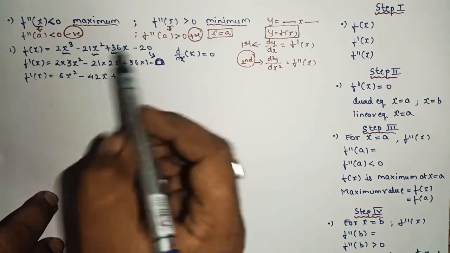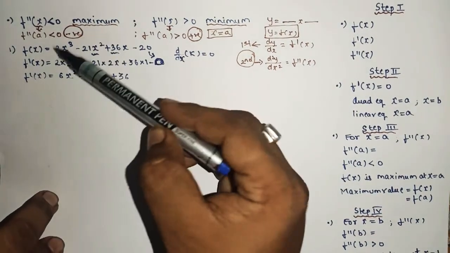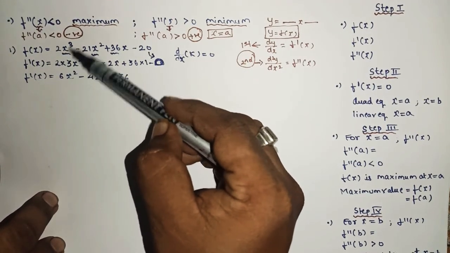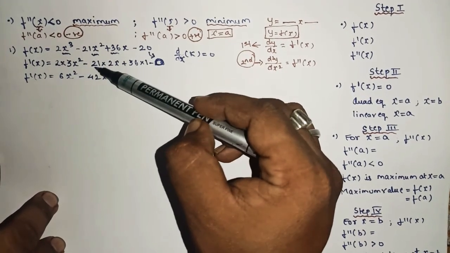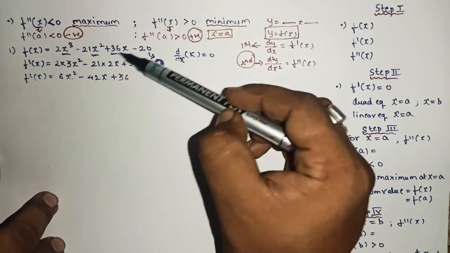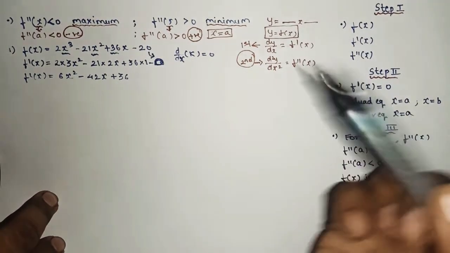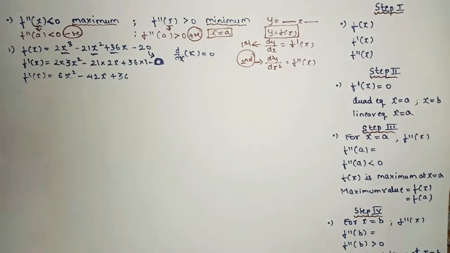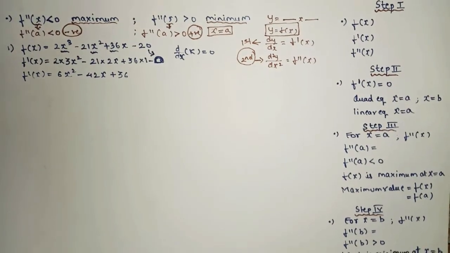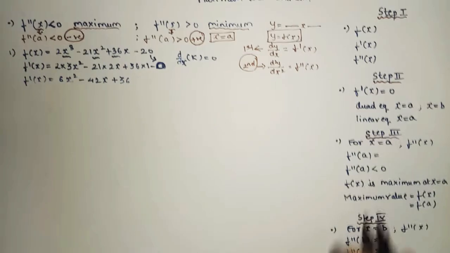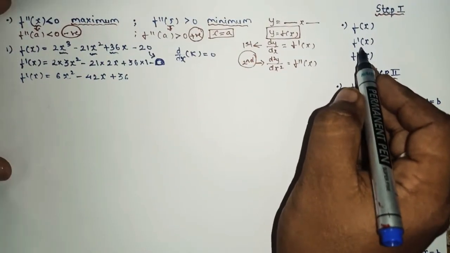Because we are finding the derivative, no? So 2 will be the same. Derivative of x cube will be 3x square. 21 will be the same. Derivative of x square is 2x. 36 will be the same. Derivative of x is 1 and derivative of any constant number is 0. So in the next step, no need of writing 0 here. I hope you all understood the first step, how to find the first derivative.